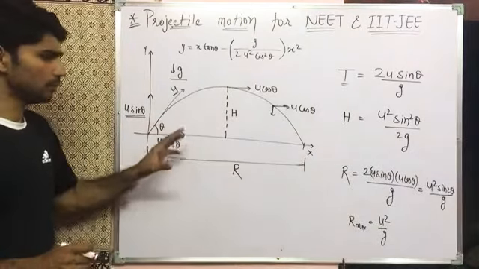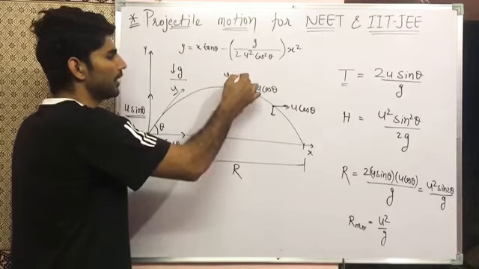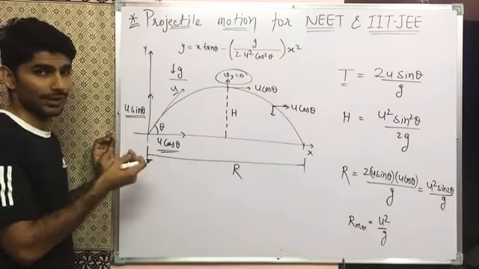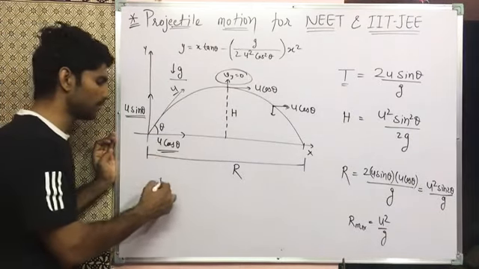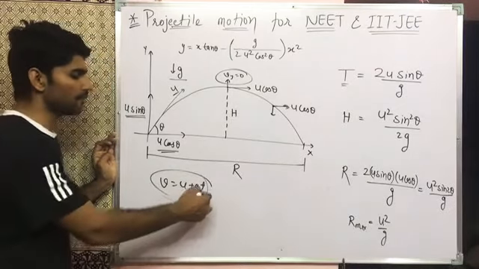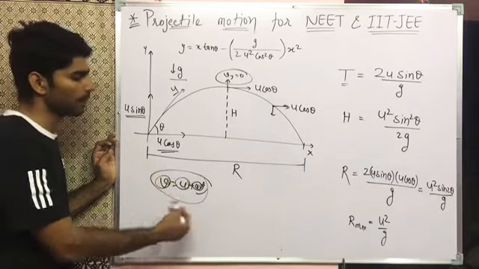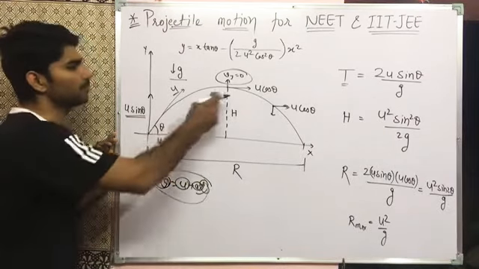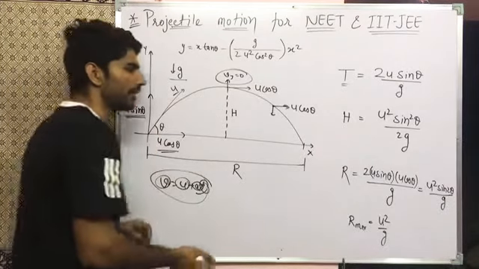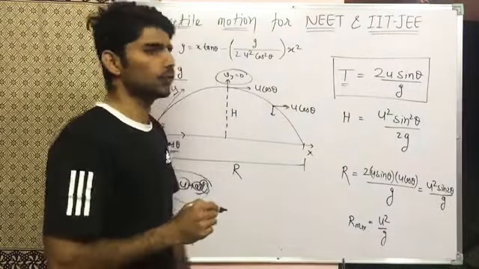Here we use the property that in the vertical direction Vy is zero at the top, and initially we have the initial velocity u sin theta. We use v equals u plus at, and from here we determine the time for the half motion, because we know the values of a, u and v. We multiply it by 2 and get the time period, which I wrote here: 2u sin theta by g.